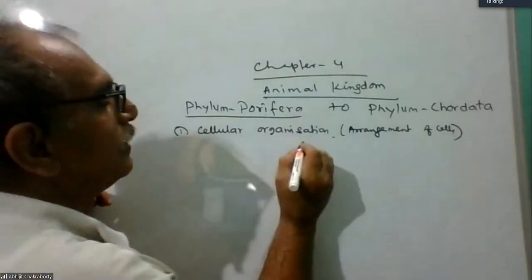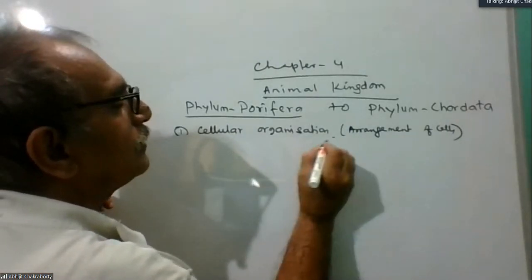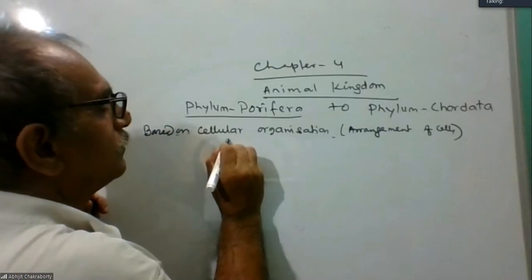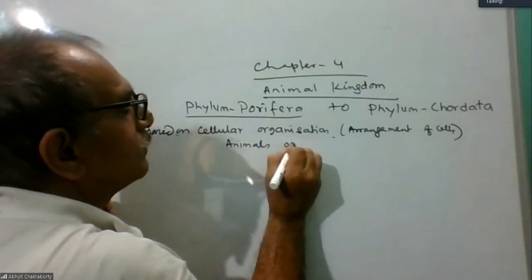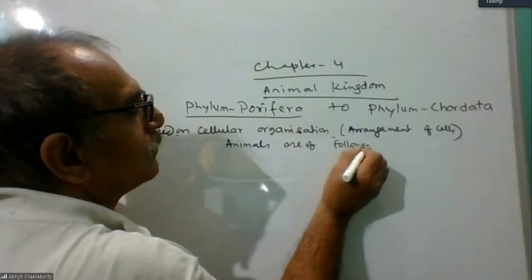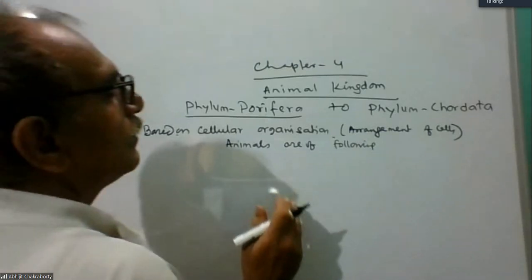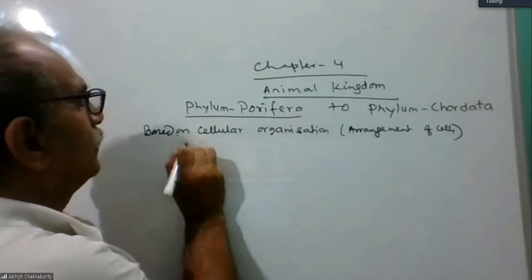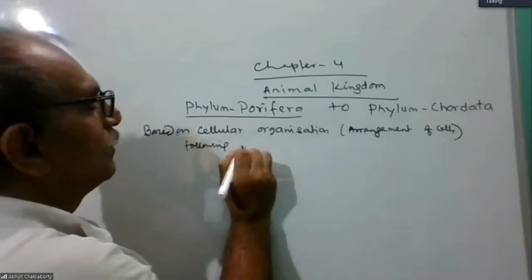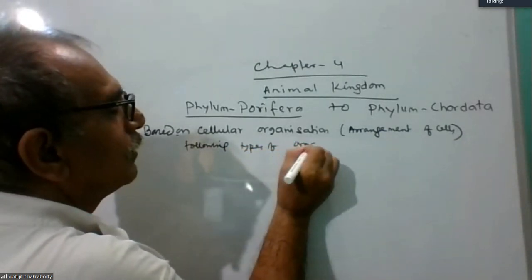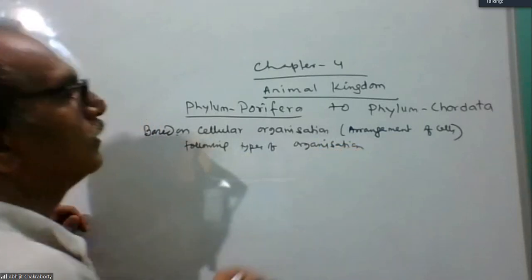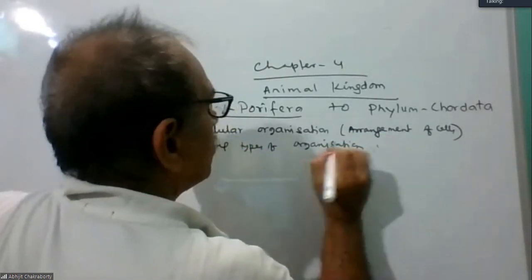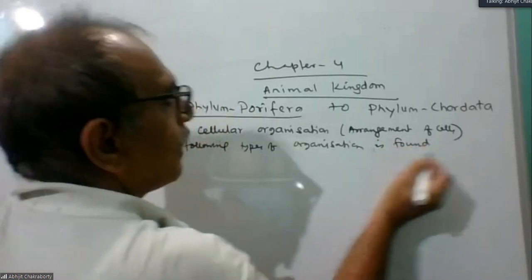Animals are classified based on the arrangement of cells.